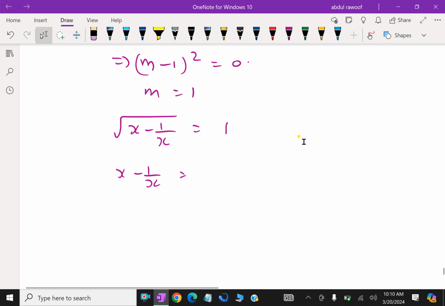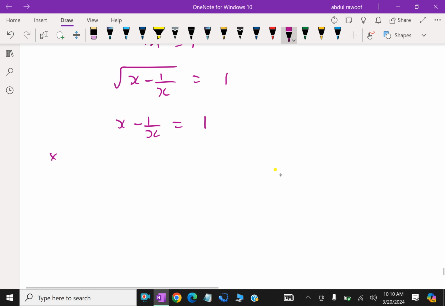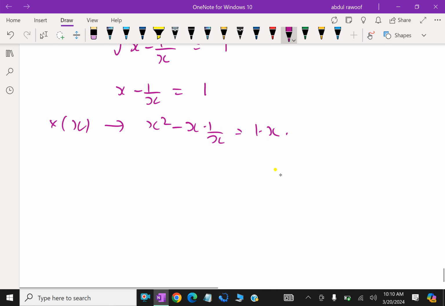And squaring both sides, 1 square is 1. Now multiply throughout x. X square minus x into 1 over x equal to 1 into x, which is equal x square minus 1 equal to x. Collecting one side, x square minus x minus 1 equal to 0.